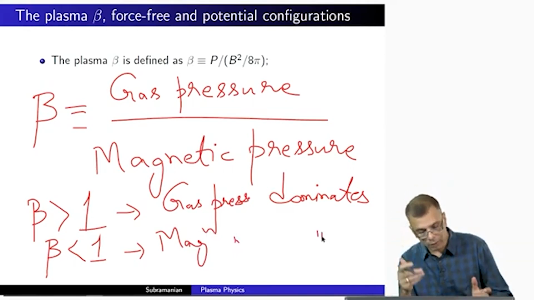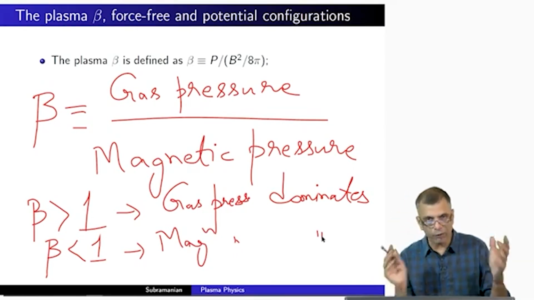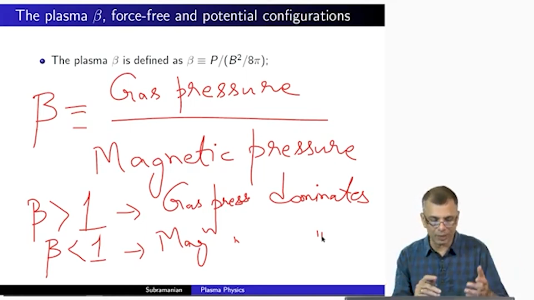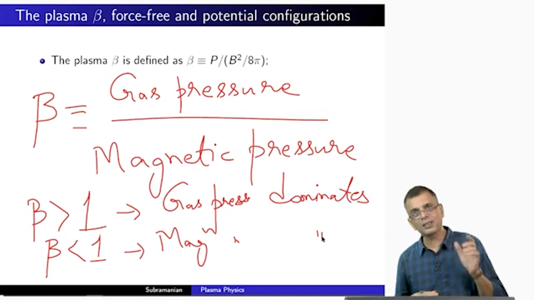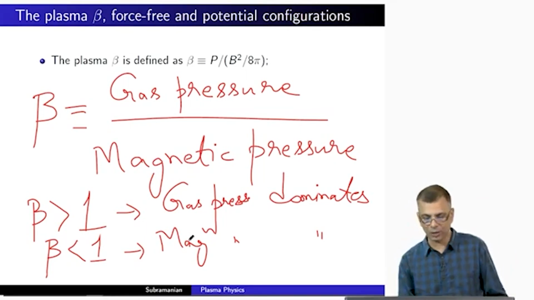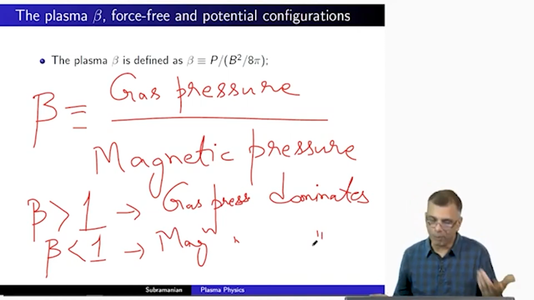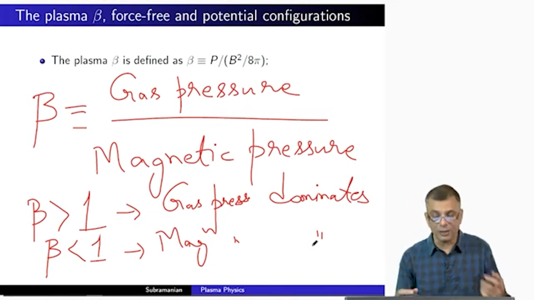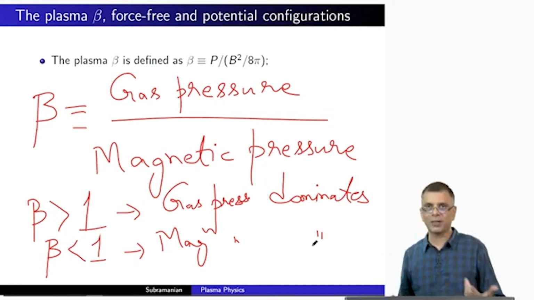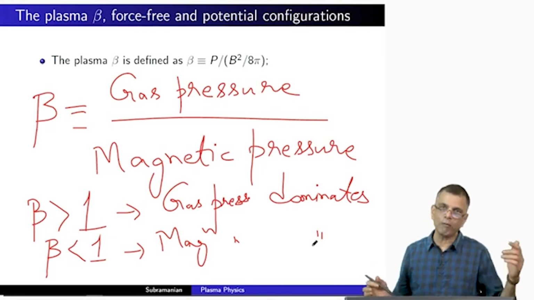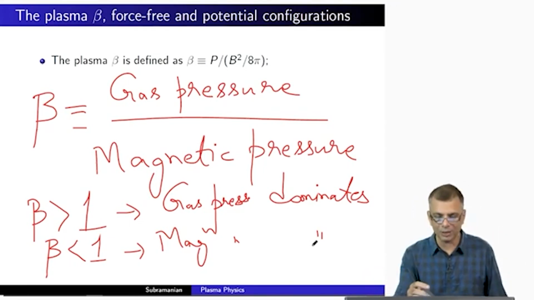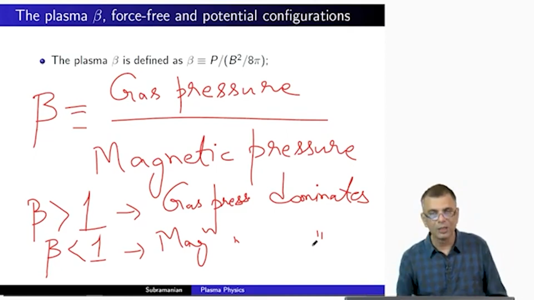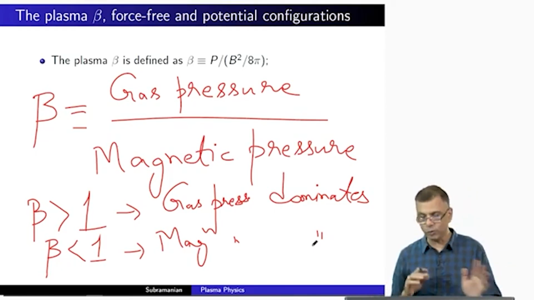So, if I make a statement that the plasma beta is less than 1, that means this is a magnetically dominated situation because the magnetic pressure dominates. If I make a statement that the plasma beta is larger than 1, that means this is a gas pressure dominated situation, the magnetic fields do not matter that much. So, this is a nice dimensionless number which gives you an idea of who is dominating.